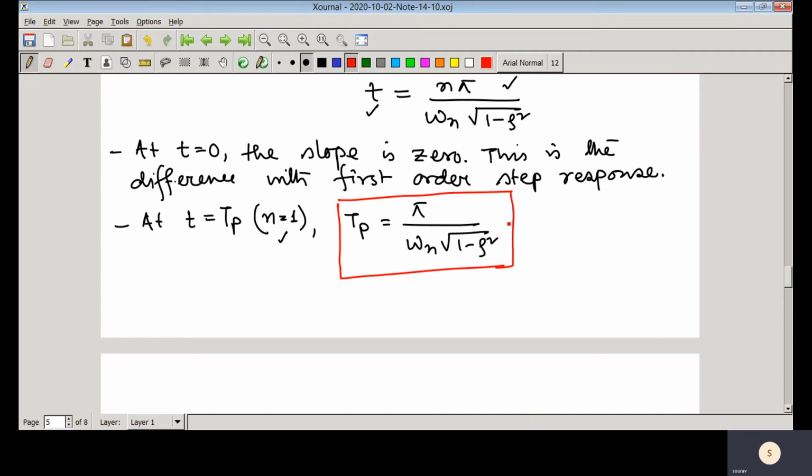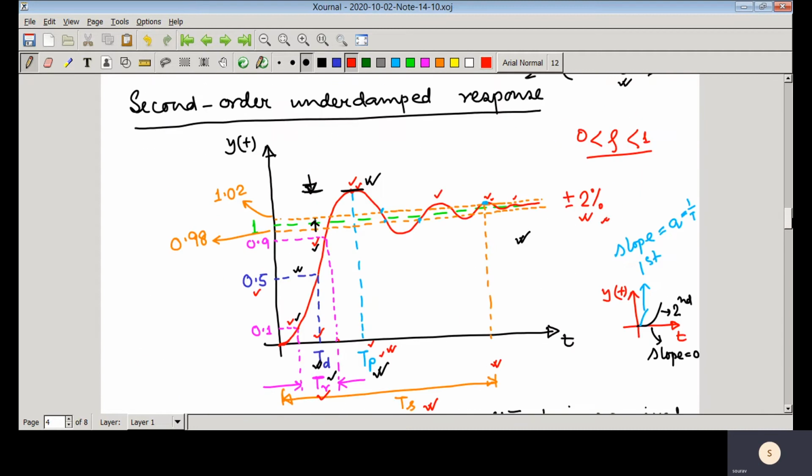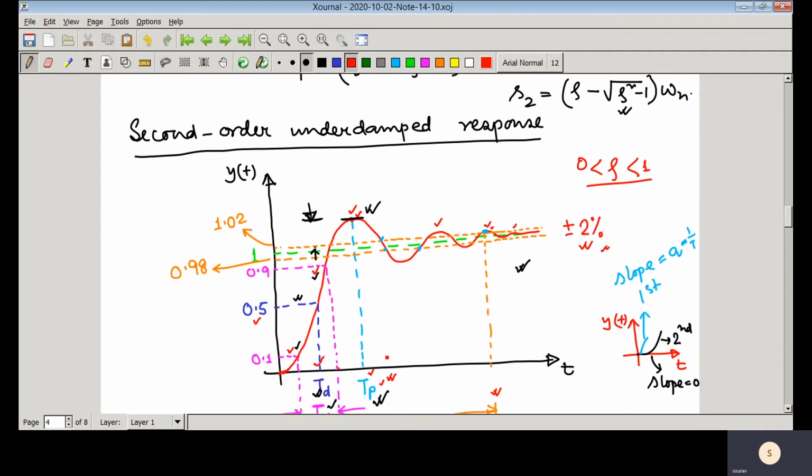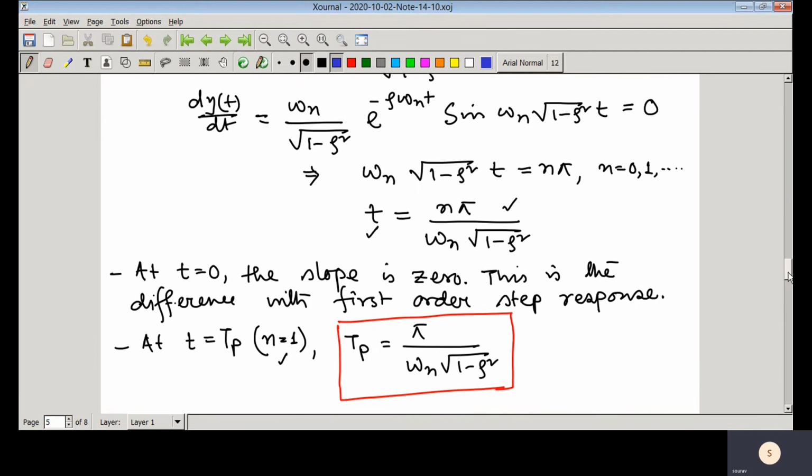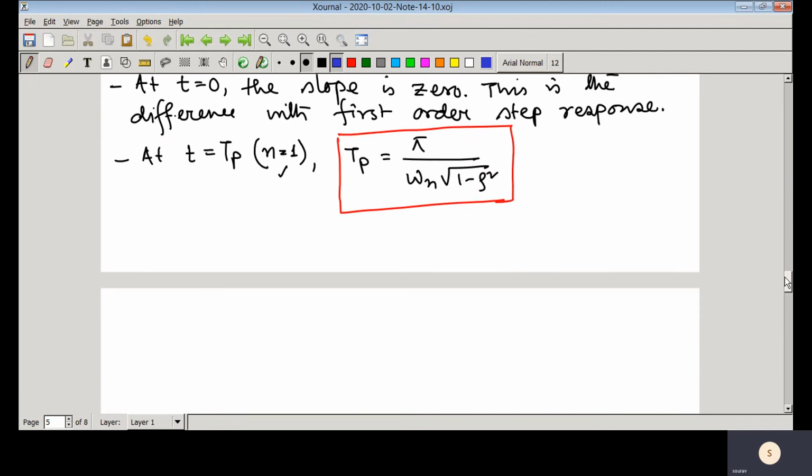Now at t equal to Tp, suppose you have the maximum peak, that is y max. And if you subtract the final value, which here is 1, that is y max minus 1, then you will get this particular peak. So now we are trying to quantify how much peak we will get.